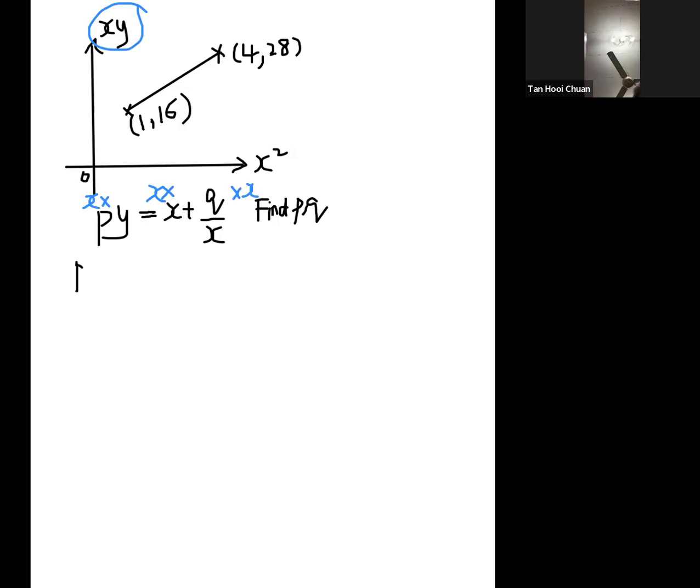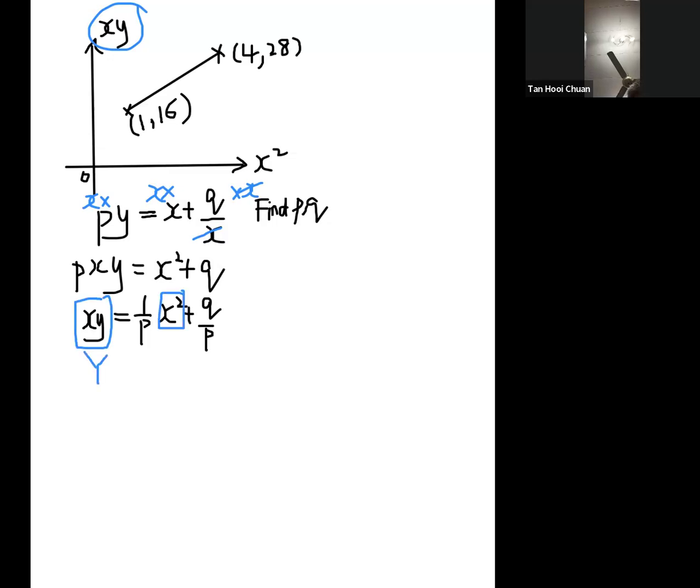So it's pxy... Okay, this one and this one cancel. Next step. Okay, this is the gradient y. There is the gradient x. This is the m. This is the c.